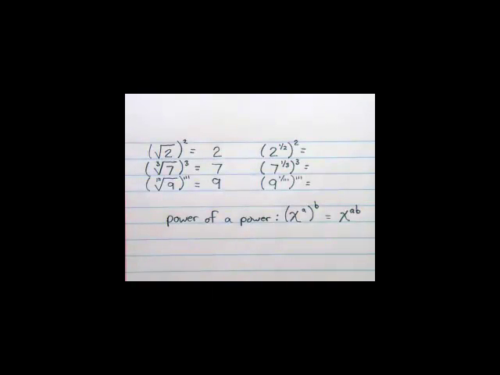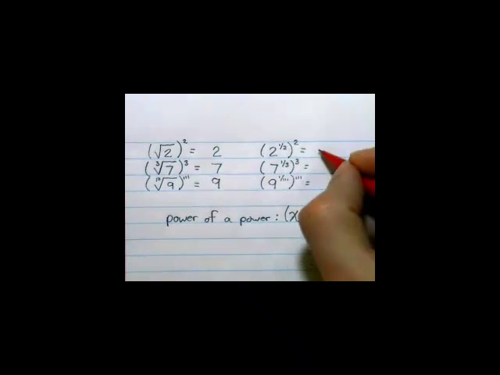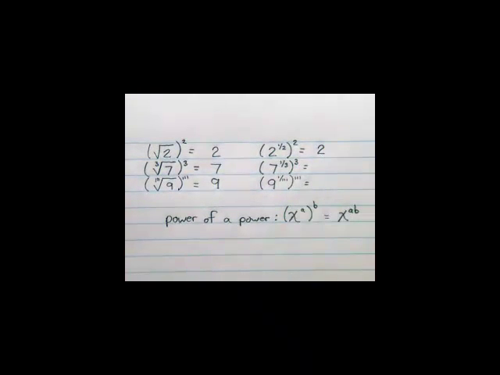Okay, so what's 2 to the 1/2 squared? 2. Because it's 2 to the 1, right? Because 1/2 times 2 is 1. So this is 2 to the 1, which is 2. All right, next one. 7 to the 1/3 to the 3rd, 7, right? Because 1/3 times 3 is 1, so 7 to the 1 is 7. And last one's 9, right? Same idea.